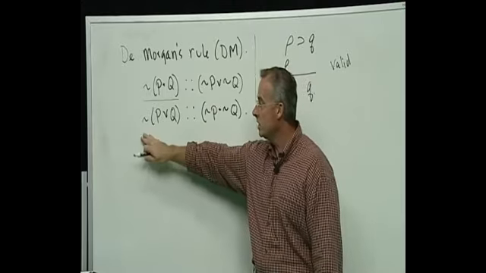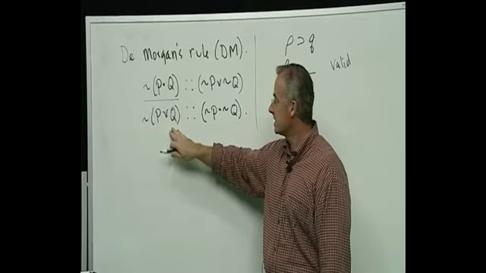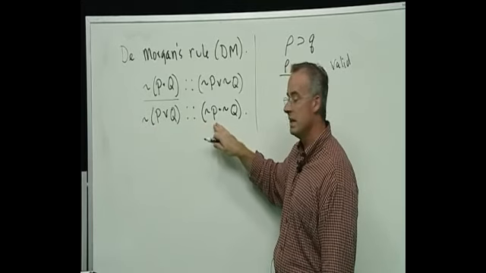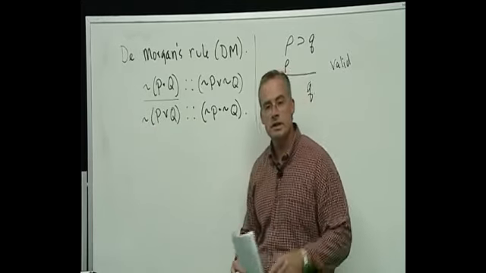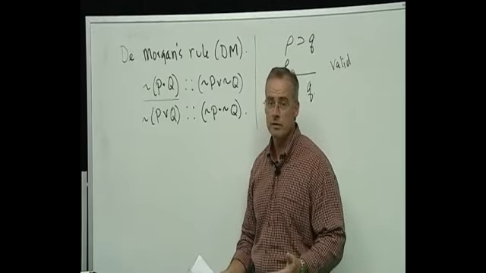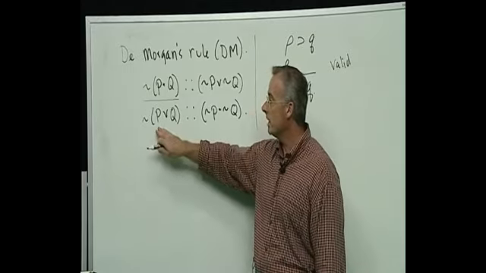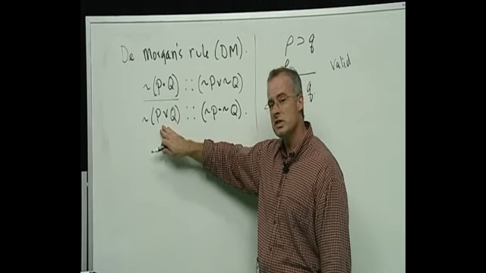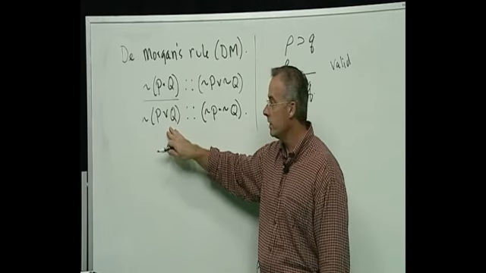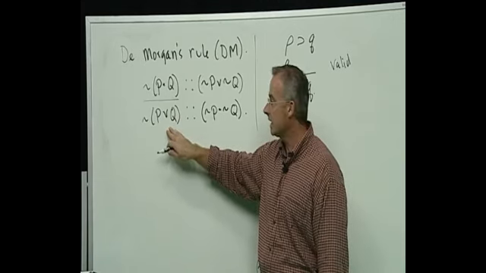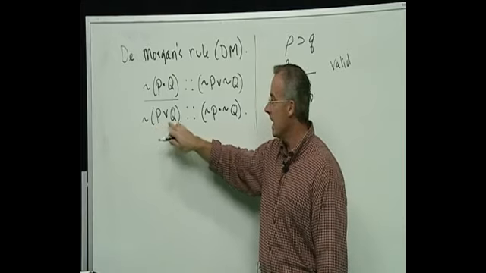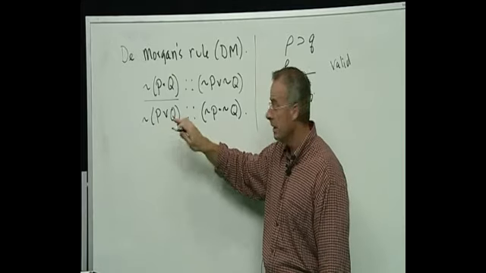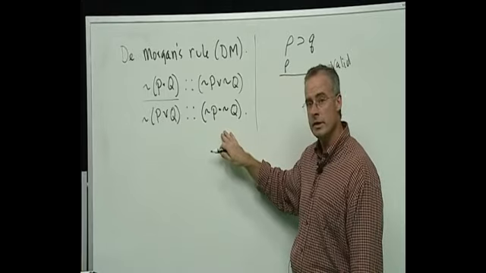Okay, if you have the negation of P or Q, that's the same thing as saying not P and not Q. Intuitively, this should make some sense as well. You don't have to run the truth table on this. You know that a statement which is a disjunction, P or Q, is false exactly when P is false and Q is false, right? That's essentially what this affirms here.